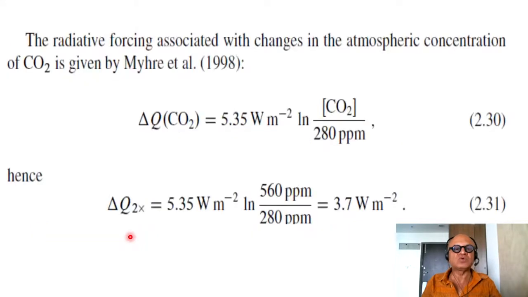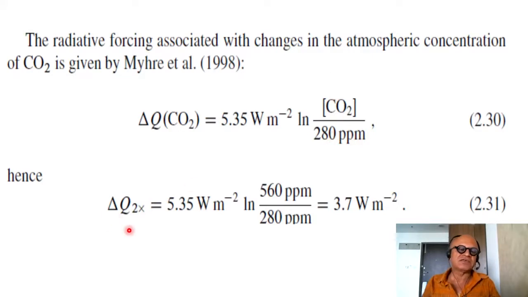So the doubling of CO2, let's look at that first then. The radiative forcing associated with the changes in the atmospheric concentration of CO2, from this paper, gives us delta Q CO2 as 5.35 watts per meter squared times the natural log of the CO2 concentration divided by 280 ppm. So we are basically doubling from the pre-industrial level of 280 ppm to 560.